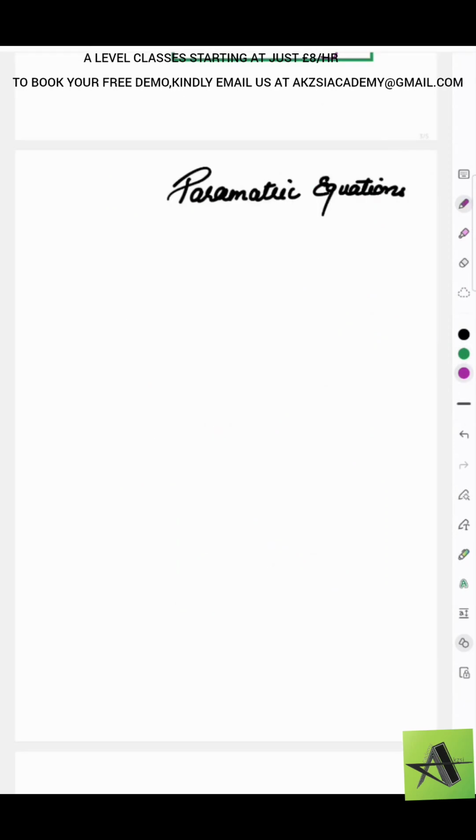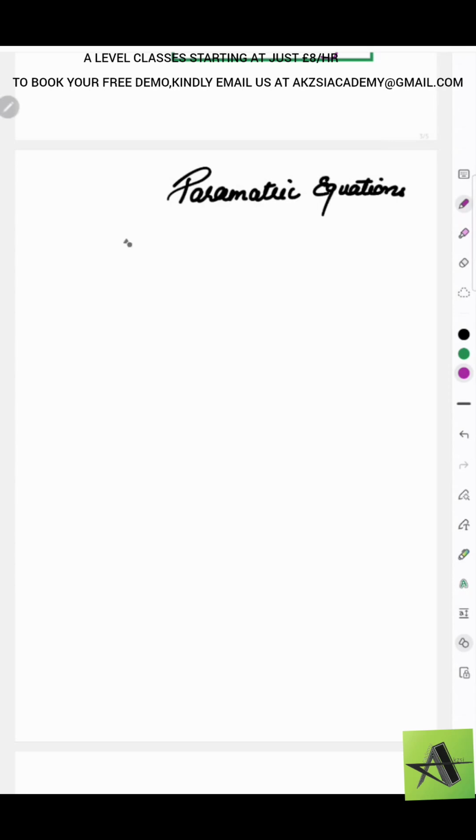Now, parametric equations. Parametric equations describe a curve using a third variable called a parameter. So instead of writing y in terms of x, like generally we have y is equal to sine x, y is equal to x squared plus 3, we write both x and y in terms of another third variable, let's say t.